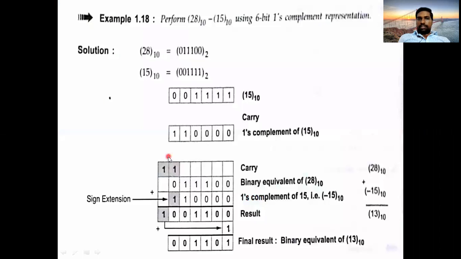Okay, next. The question given is: perform 28 base 10 minus 15 base 10 using 6-bit 1's complement representation. So the given question is in 1's complement format.